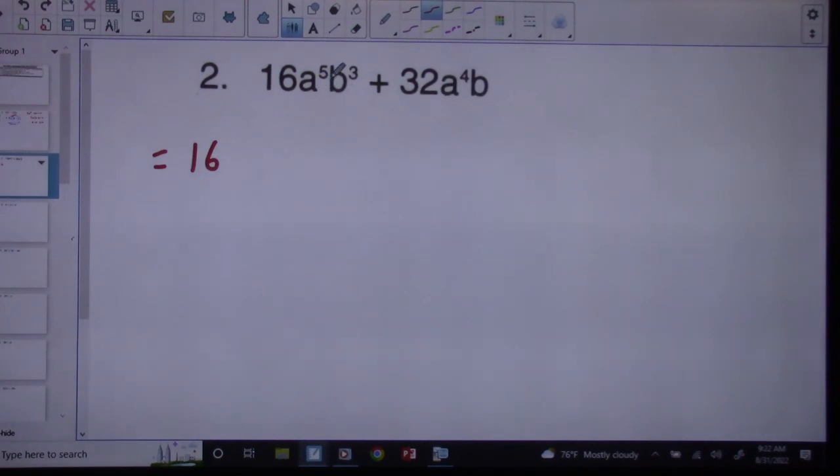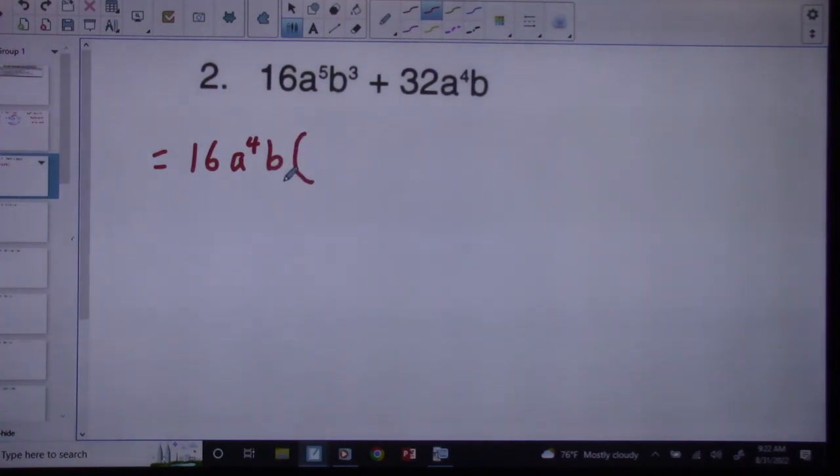And now the a to the 5th and a to the 4th, what's our greatest common factor between those two things? Actually, a to the 4th. A to the 4th is common to this and common to this. Now the b's. Between b cubed and b, which is the greatest common factor? It's just b. And so we found the greatest common factors.